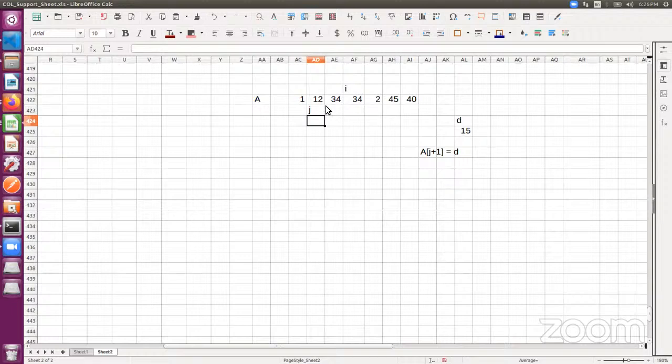Compare d and A of j, d is greater, so you have to stop. Break the iteration, come out, and then j is 1, right? I write the index. j is 1, so A of j plus 1, A of 2, is equal to d, 15. So here 15 would be inserted. Now we got this sorted array, right? Now coming to 2.